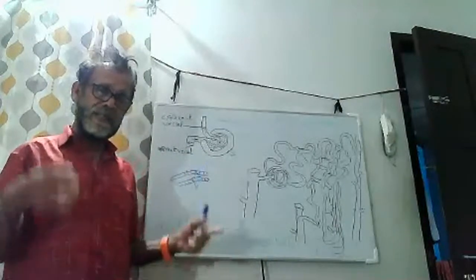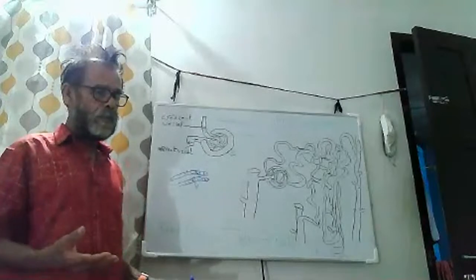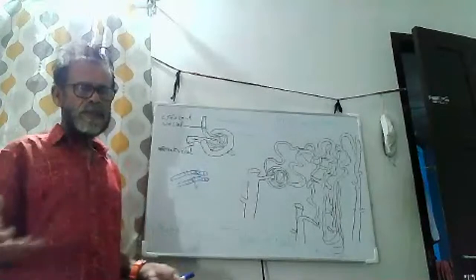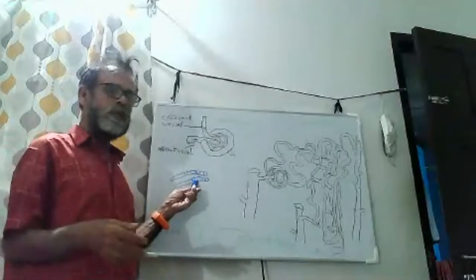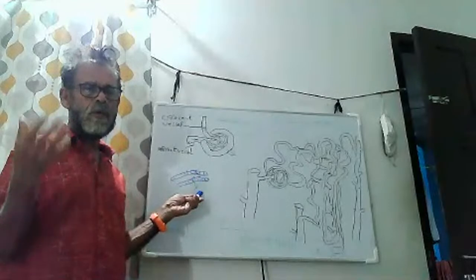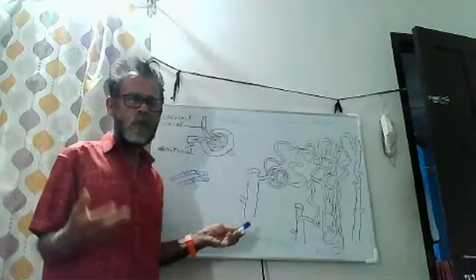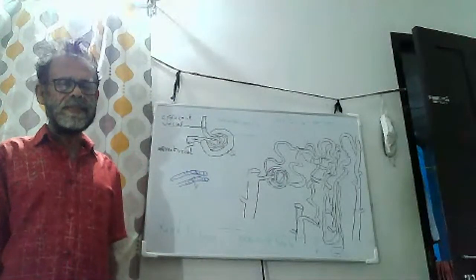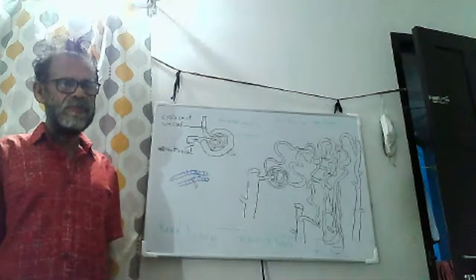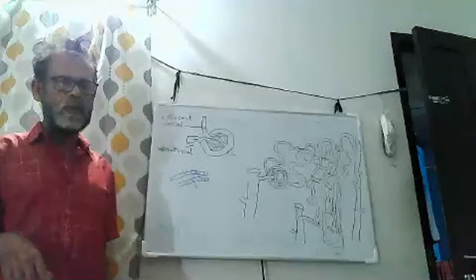When water has escaped through the thin layer, glucose also goes out. As more and more glucose and more and more mineral salts go out, mineral salts go out as ions, sodium ions, potassium ions, etc. Salts will be existing as ions.